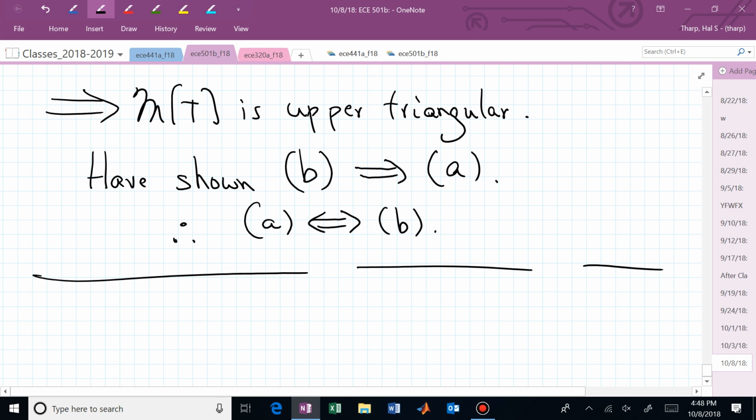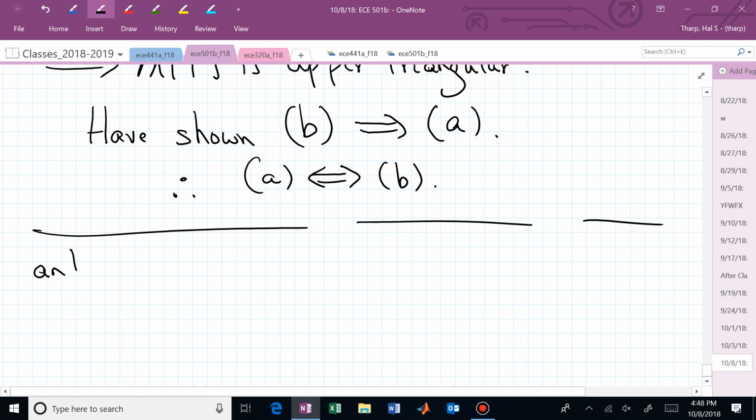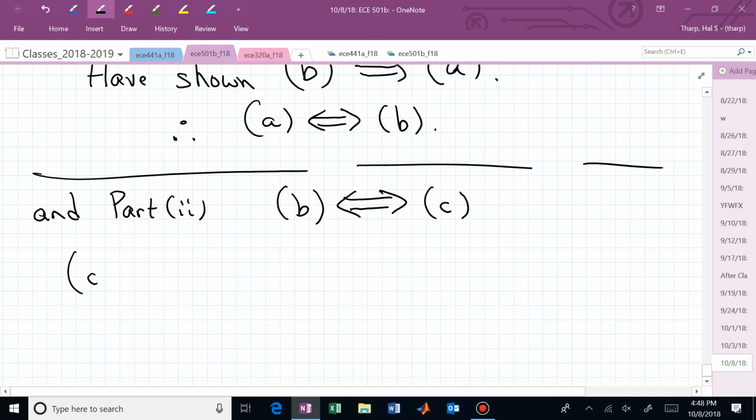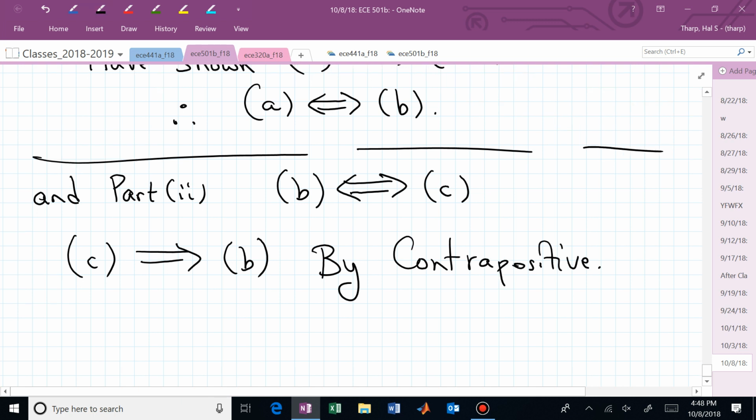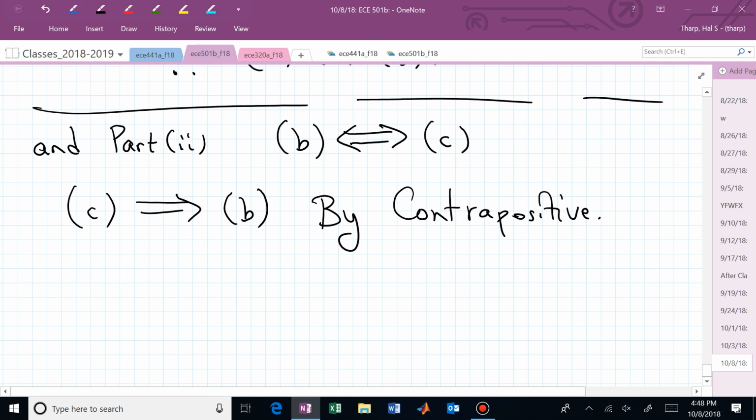So now, part two is B if and only if C for the statements. And let's just show that C implies B. And just to do it a little bit differently, let's do this by a contrapositive strategy, so that we can start looking at it in all sorts of different ways.